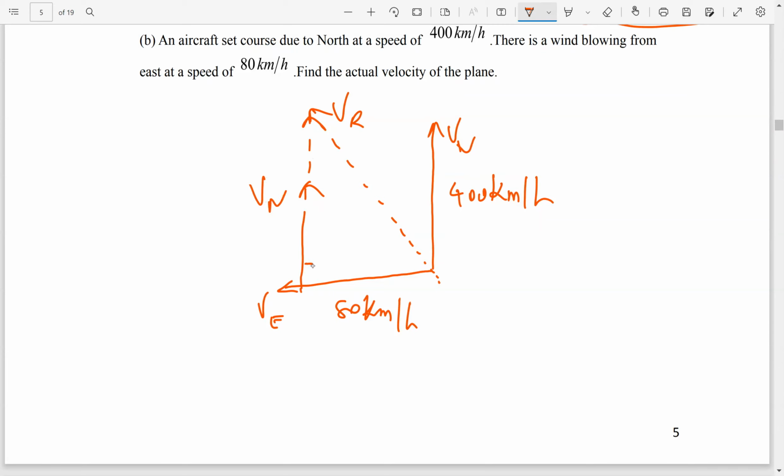By using Pythagoras theorem, dear students, how are we going to get Vr? You can see Vr square is Vn square plus Ve square.